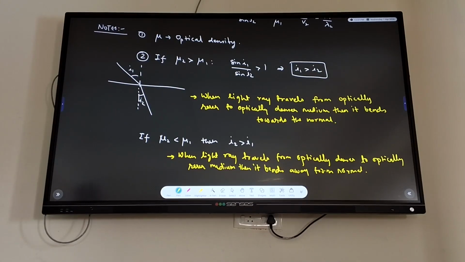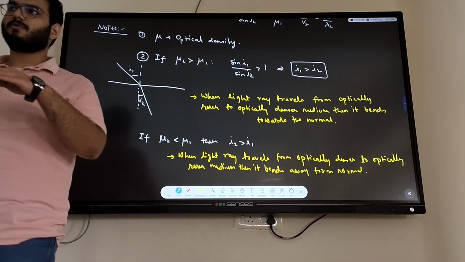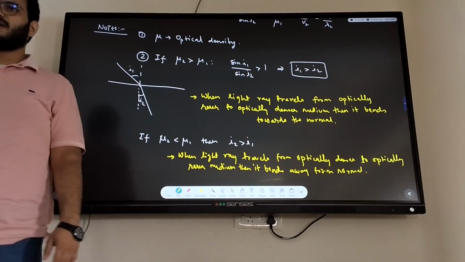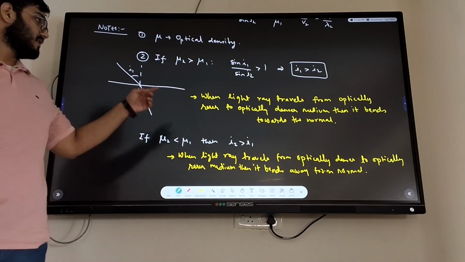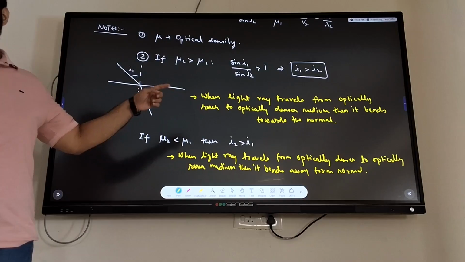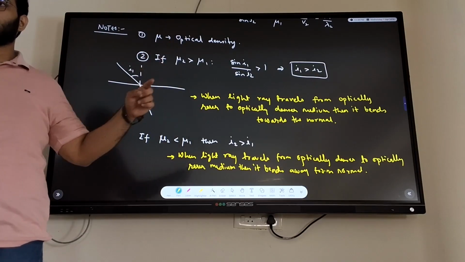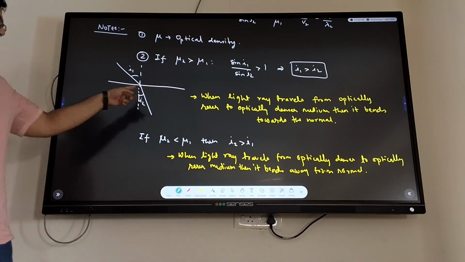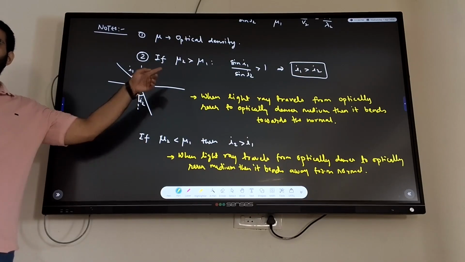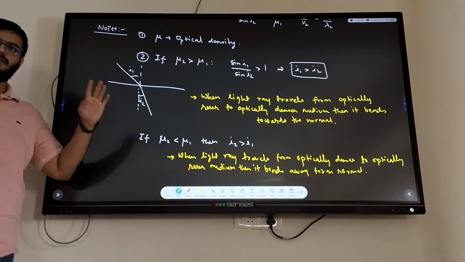See, even when a light ray hits a boundary that is separating 2 media, it never fully refracts or fully reflects. There is something called partial reflection and partial refraction. It always happens.